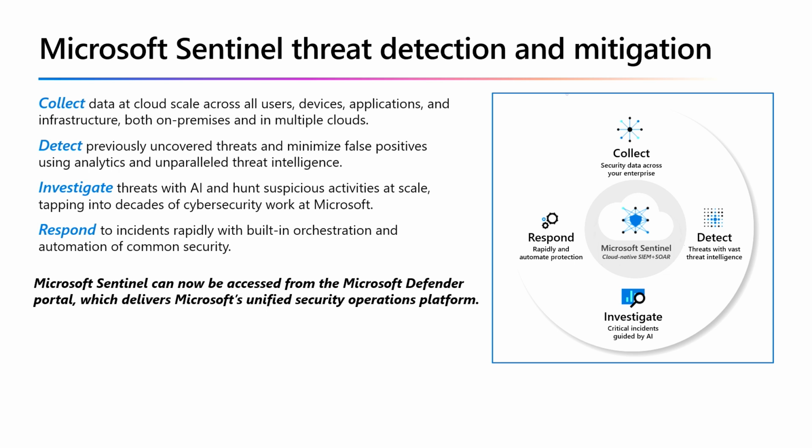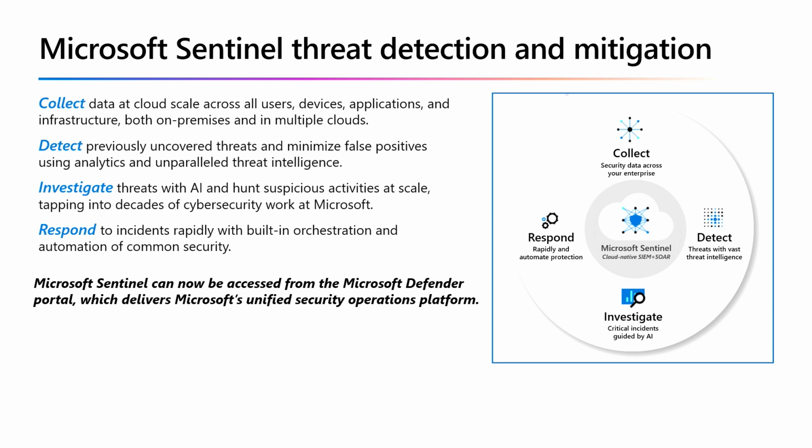We first collect data at cloud scale across all users, devices, applications, and infrastructure, both on-prem and multi-cloud. The second step, we detect previously uncovered threats and minimize false positives using analytics and unparalleled threat intelligence.